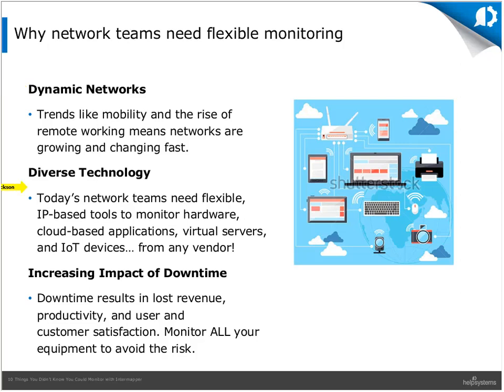I talked a little bit about diverse technology. Technology is ever evolving, and we are looking to improve every day. Technology provides alternate options to traditional hardware services. We're not just seeing traditional in-house hardware services and physical devices anymore.